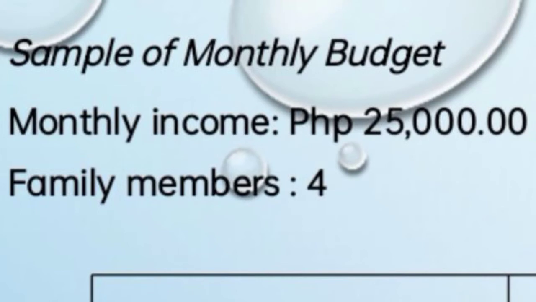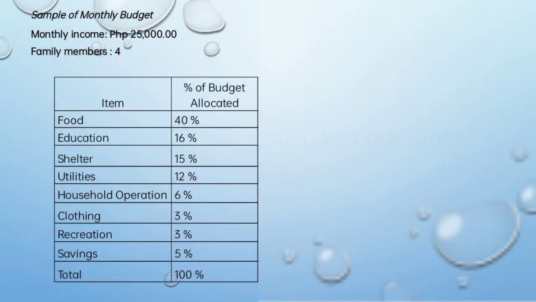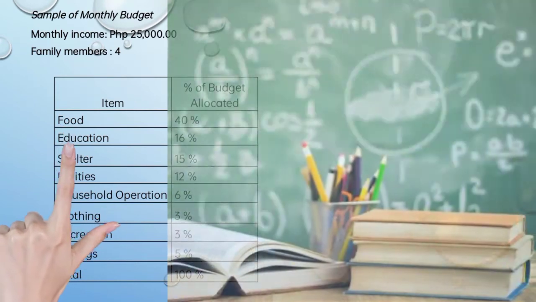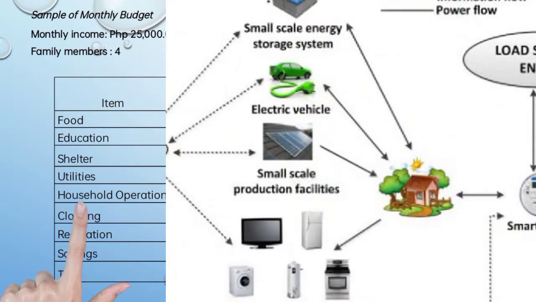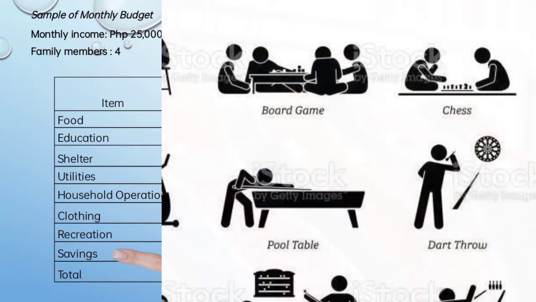Let's say the monthly income of the family is 25,000 pesos and there are 4 members in the family. First, we have to itemize the following. The items for the family budget are food, education, shelter, utilities, household operation, clothing, recreation, and savings.